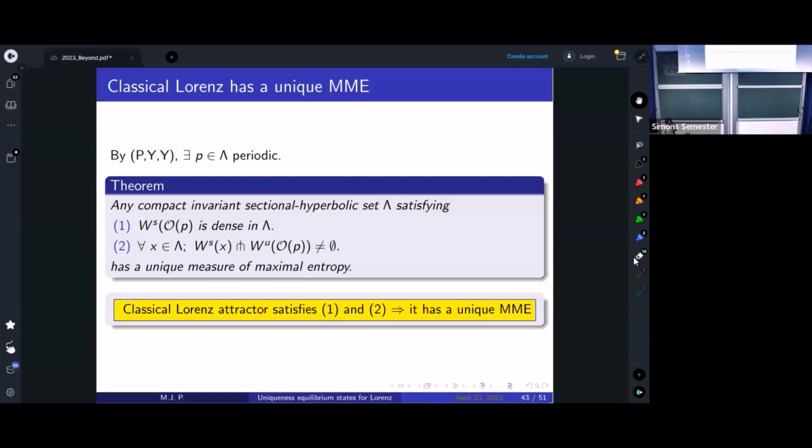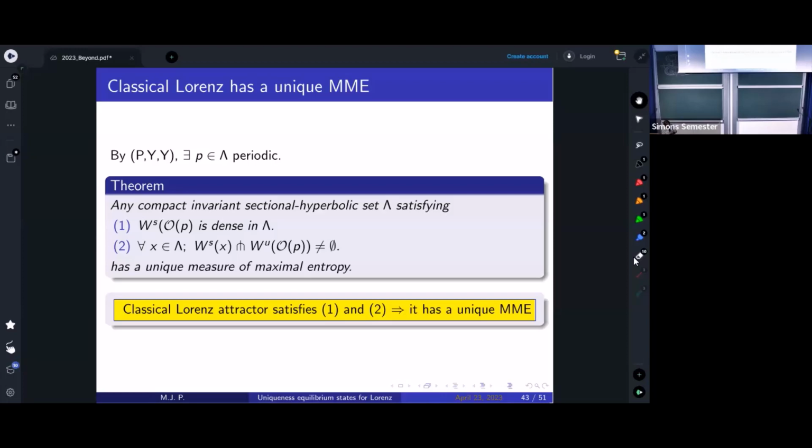Okay, and it's possible to prove that the classical Lorenz attractor satisfies these two conditions. And then we prove that the Lorenz attractor has a unique measure of maximal entropy.